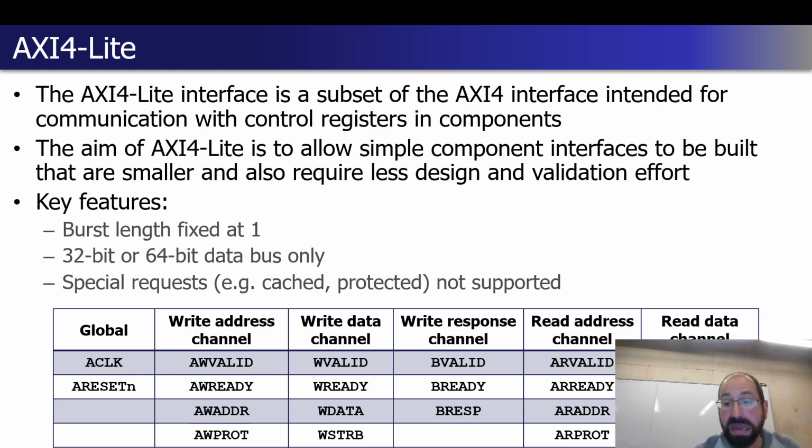So the major key feature that it supports is that the burst length is fixed at 1. So in terms of your state machine for interfacing with AXI Lite, it's already a lot simpler just for that reason. You're dealing with a single valid thing getting sent over the bus at any given piece of time. Also, all those other signals that I'm not even really talking about aren't really supported either. So they are there to send just a single read or write request at an individual address.